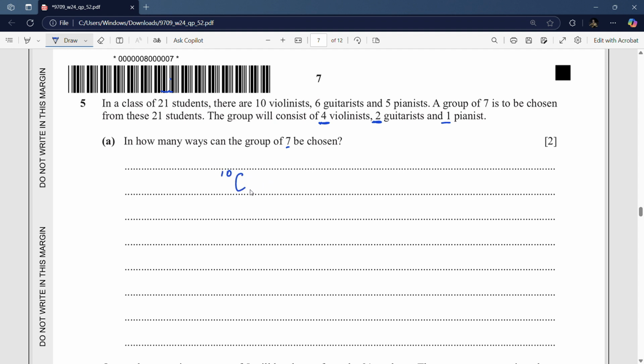So we are choosing 4 of them, and we have a total of 6 guitarists, and we are taking 2 of them. And here we have 5 pianists, which we should be taking only 1 of. So our calculator gives us 15,750.